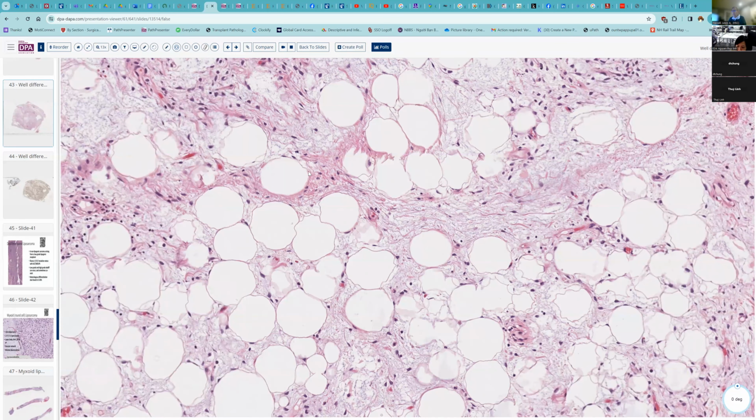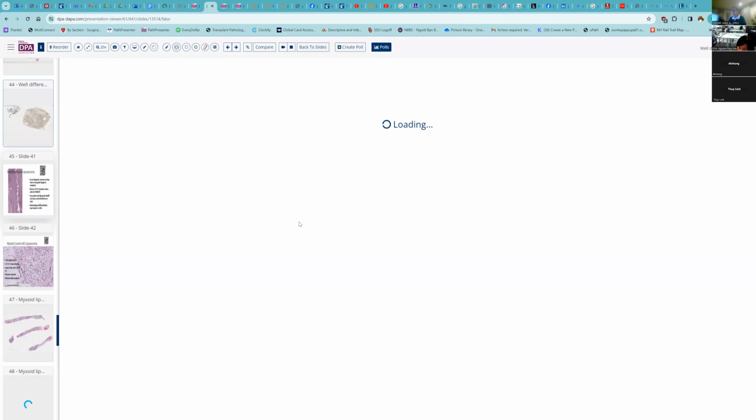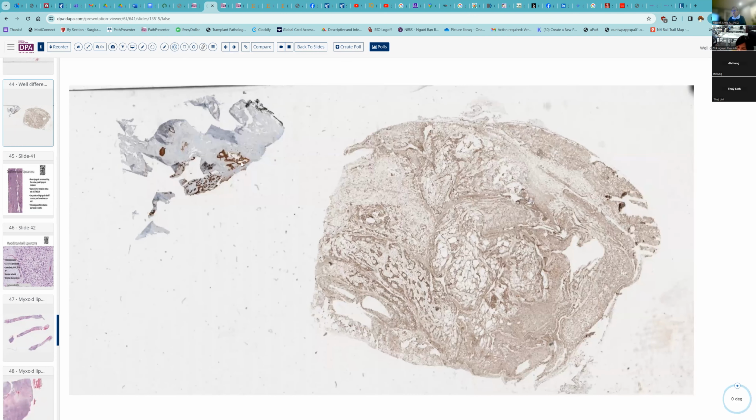So for the well-differentiated liposarcoma, there are a couple of immunostains that can be useful. So for example, here is one immunostain that can be quite useful in this situation. And that is P16. So here you see the P16 positive control in the cervical tissue here, cervical squamous or glandular carcinoma.